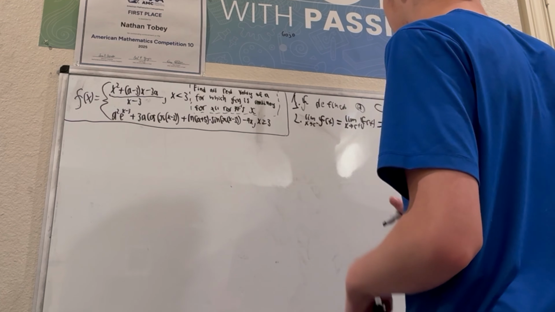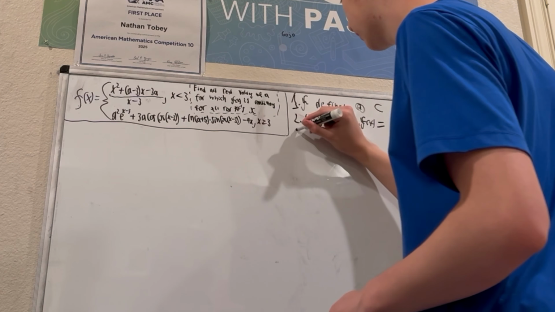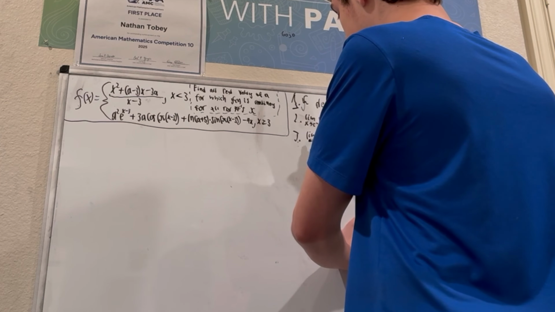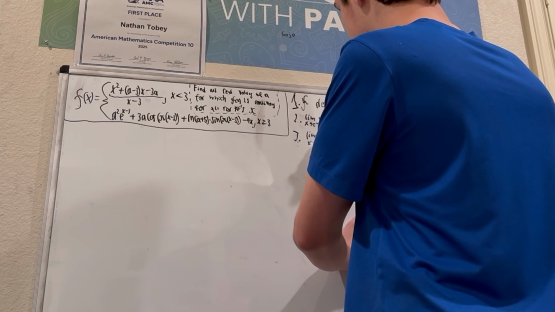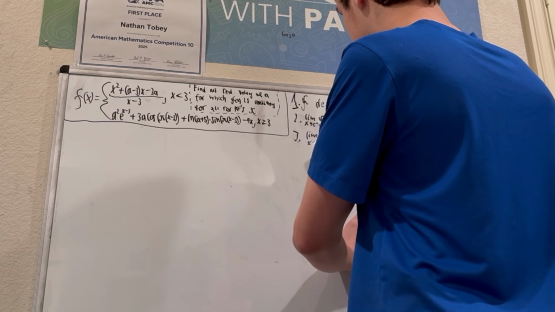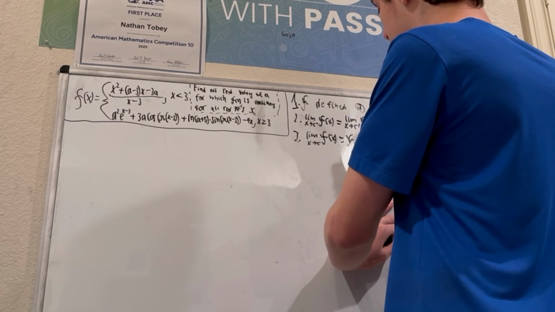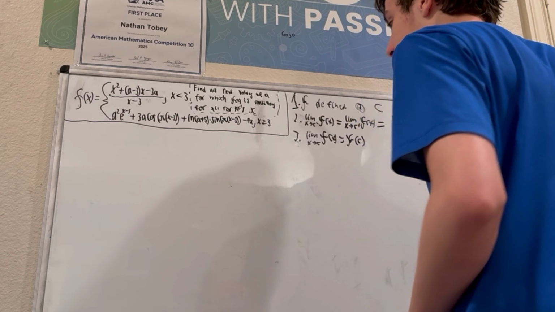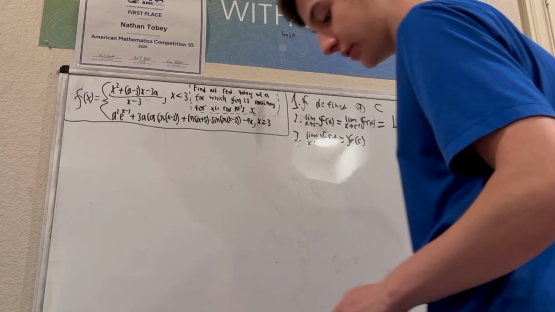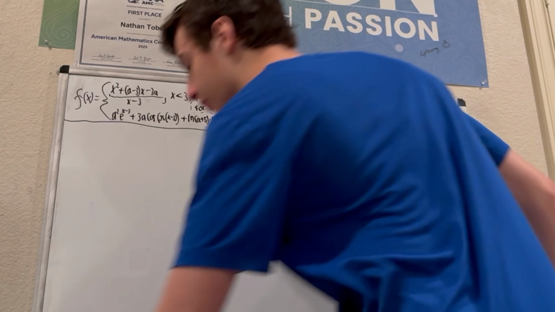Those both have to converge to the same limit L. And 3, the limit as x goes to c of f of x must be equal to f evaluated at c. These are our 3 conditions for a continuous function.